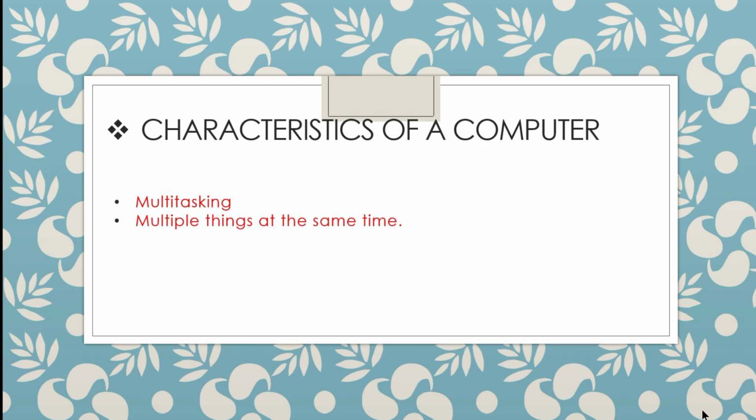For example, in the morning, you would have seen your mother cooking breakfast, cutting vegetables for lunch, cooking rice, cleaning the dining table, dressing your siblings. She does many tasks simultaneously at the same time. This is known as multitasking. Is it clear? Multitasking means doing multiple things at the same time.